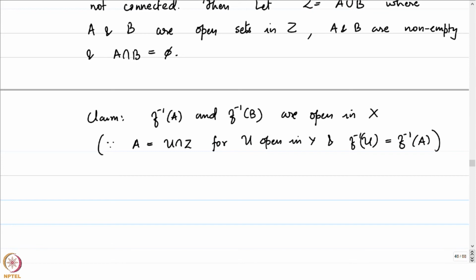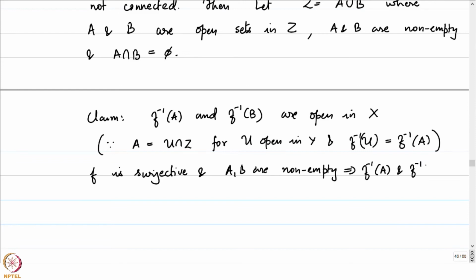So if we do accede that f inverse of A and f inverse of B are open in X, we also know that A and B are non-empty and f is surjective onto Z. Using the fact that A and B both are non-empty and f is surjective, this together tells us that f inverse of A and f inverse of B are non-empty.